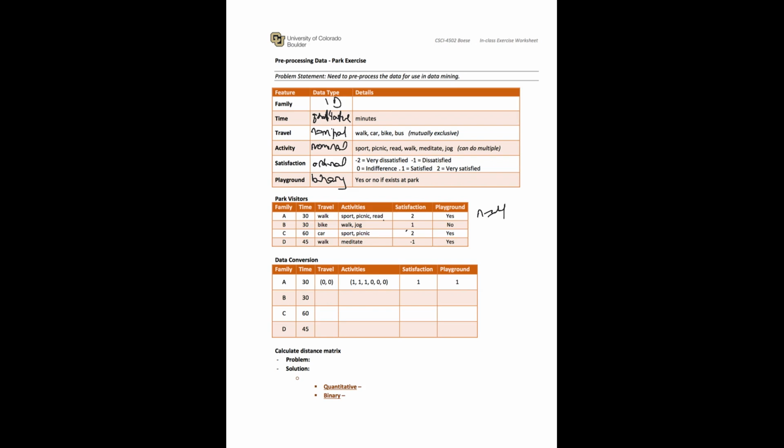Now for travel, how they got there, whether it's walk, car, bike, or bus, we are going to use the binary system to track which one it is. Since it's mutually exclusive, for the first one it is 0, 0 for walk. We'll see the last person, D, also walked, so we're also going to put the 0, 0 in there as well.